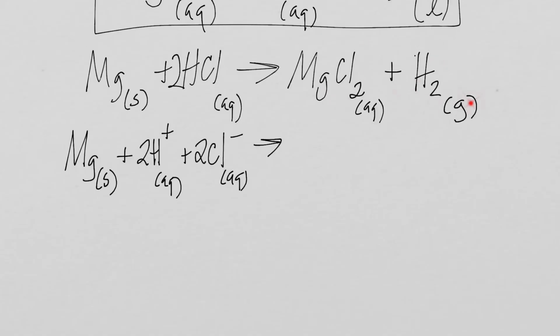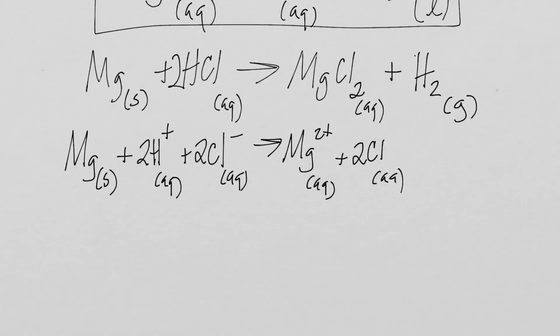I do not break apart covalently bound diatomic gaseous hydrogen. That stays together. The only things you break apart are ionic compounds that are aqueous. Leave everything else alone. So I've got magnesium ion, and I do not have Cl2 here. I have 2 chloride ions.